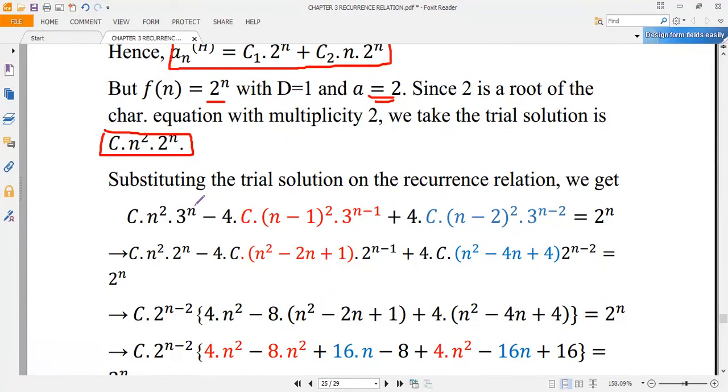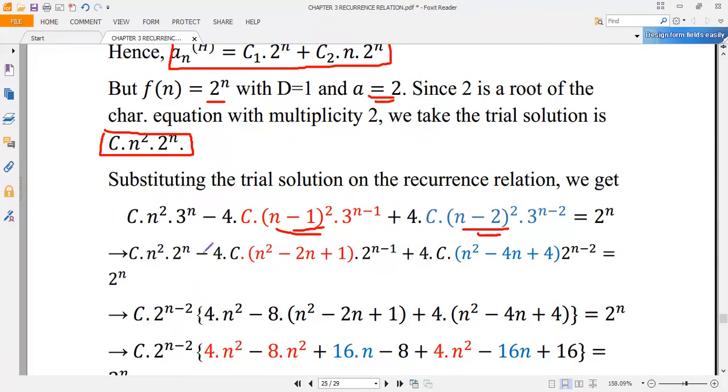C times n squared times 2 to the power of n, minus 4 c times (n minus 1) the whole square times 2 to the power of n minus 1, plus 4 times c times (n minus 2) the whole square times 2 to the power of n minus 2, which is equal to 2 to the power of n. Now, when we expand these terms, you will get the next equation.